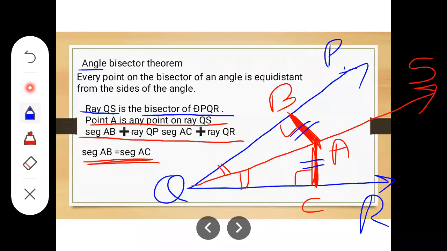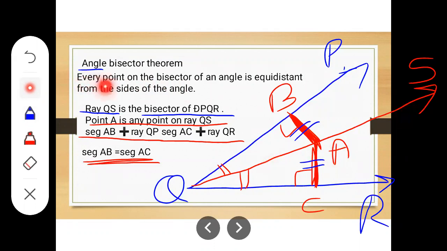Now, by all that description, see the statement for this theorem. Every point on the bisector. So one of the points I have taken is point A. You can take another point also. Suppose A will be at this place, that will be at this place, anywhere.